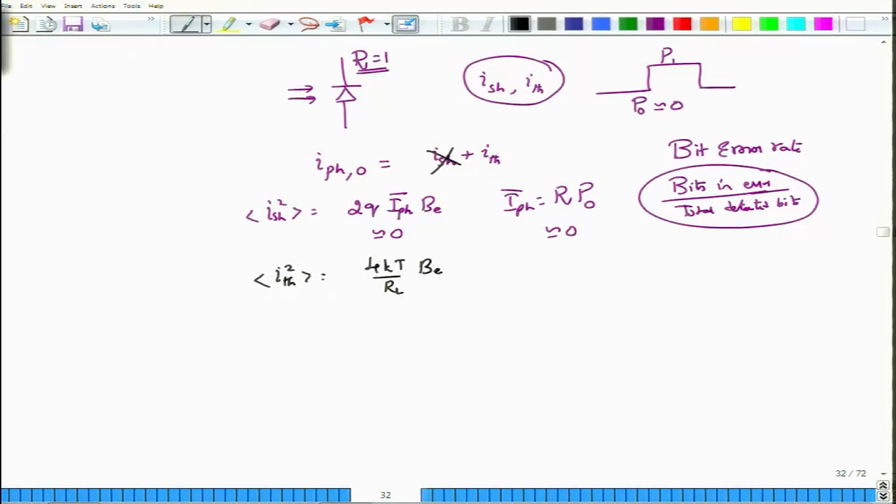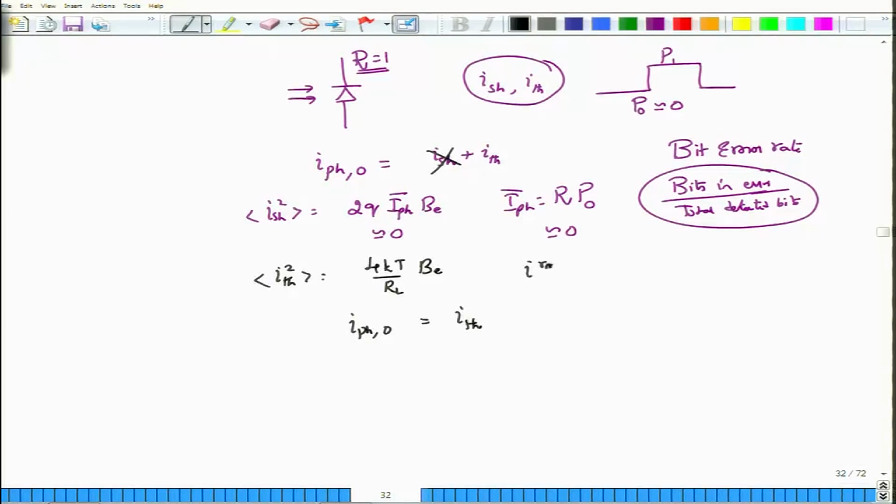Okay. And the thermal noise will be present regardless of what bit you have transmitted. If you have transmitted 0 or you have transmitted 1, it does not matter, the thermal noise will always be present because that is independent of the bit that is transmitted. So, to summarize, I_PH0, the photocurrent that is generated when you launch a bit 0, is purely because of the thermal noise.